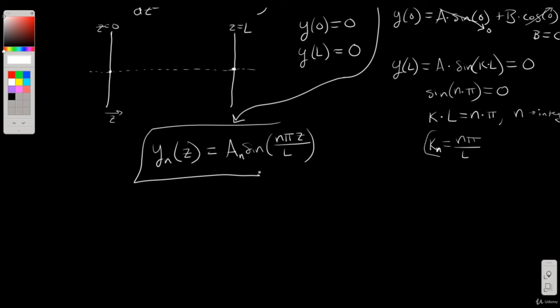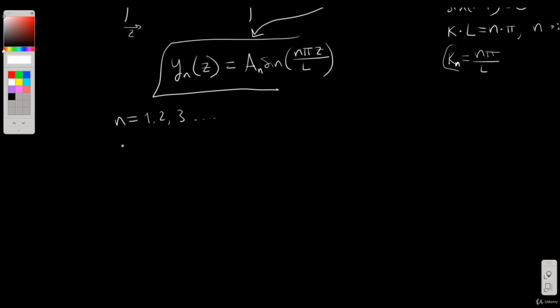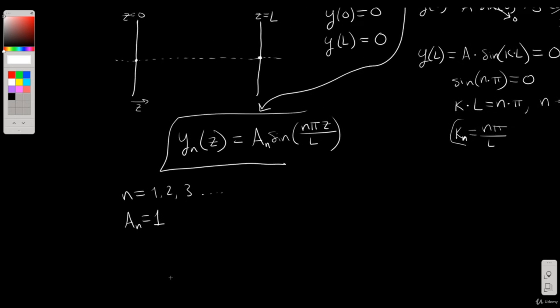What is the takeaway? The takeaway is that when I have n equaling 1, 2, 3, and so on, and I plot these, and let's just call a sub n equal to 1 for now, it's not important for the sake of this description.